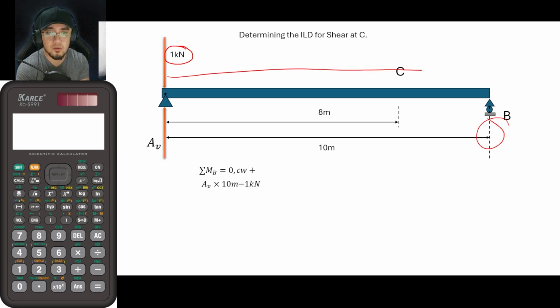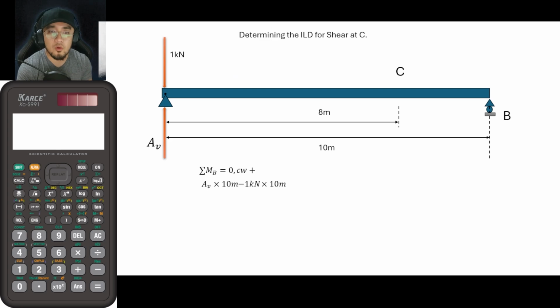So that is also 10 meters. So 1 times 10. Since there are no more loads present in our figure here, this is now equal to 0. Solving for it, I would not make use of my calculator below me. Rather, you could do it on your own, but the answer there is just 1 kilonewton.